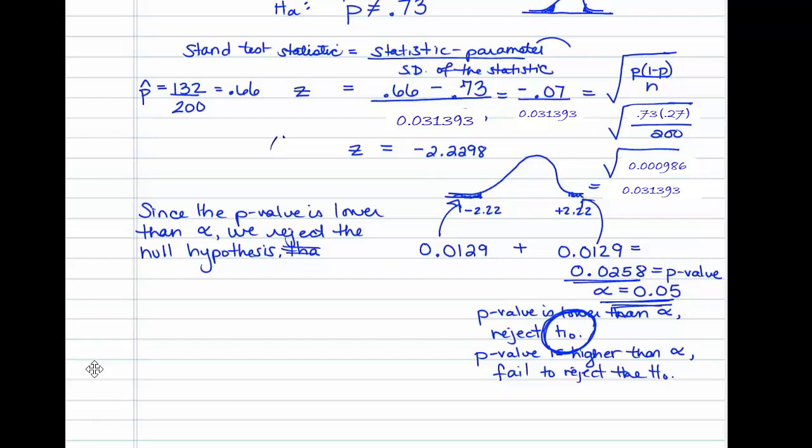Got ahead of myself. We can conclude, and the question said, is there good evidence that the proportion of all first-year students at this university who feel well off financially differs from the national value, 73%?